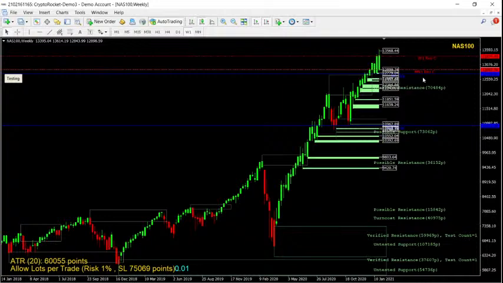You got three, four, looks like five nested demand zones inside this daily demand, or supply turned demand. So this is a turncoat, so this is pretty strong. The first test of a turncoat is usually very strong. So I suspect that this is just a healthy correction, and it'll be pulled back in the next week or two.